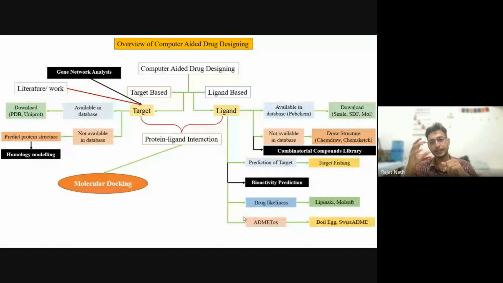That means this ligand is bound to that target and this much energy is released. The stronger the bond, the higher the energy released. So the negative sign is there because energy is released, and the higher the value of the score, the stronger the bond.